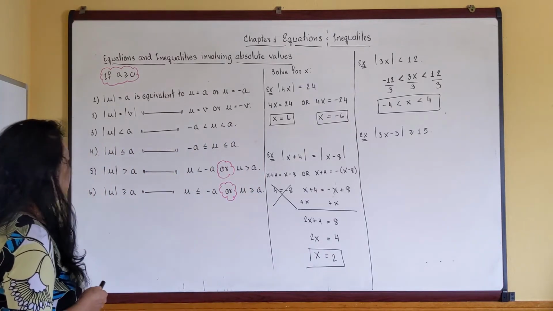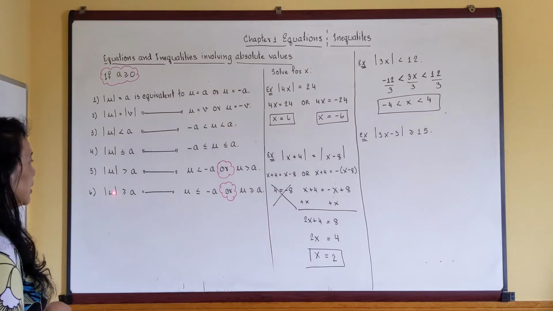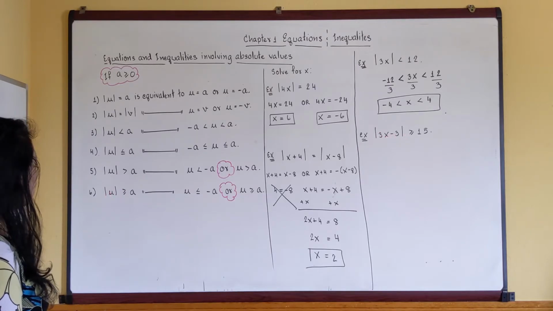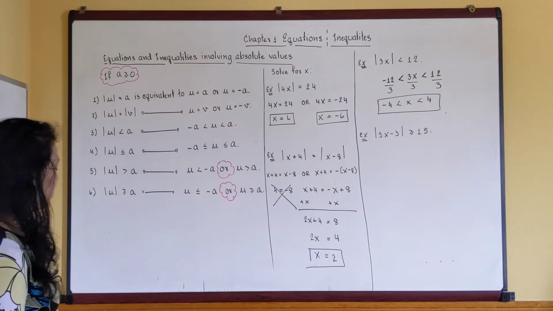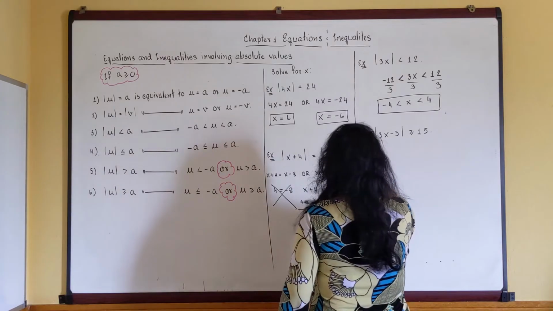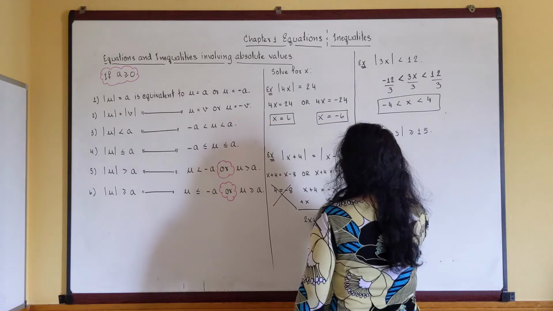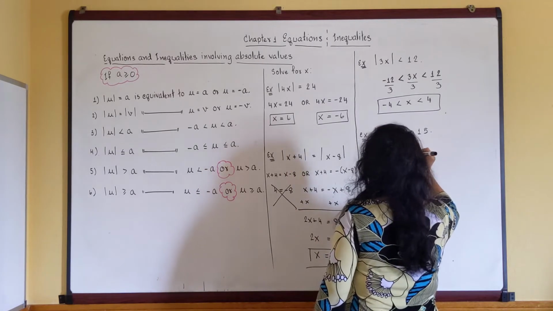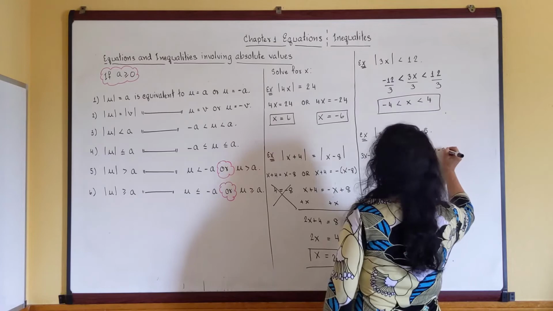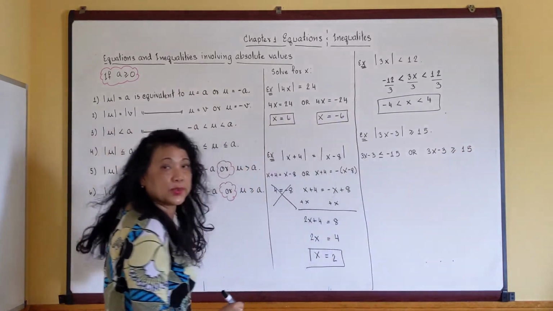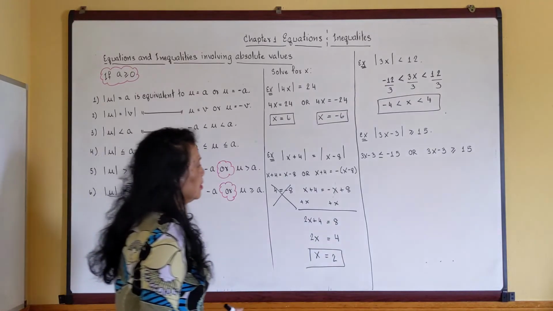Let's look at the last one. It looks like my property number 6. My u is 3x minus 3 and my a is 15. So I'm going to use number 6. So I'm going to have 3x minus 3 less than or equal to negative 15, or 3x minus 3 greater than or equal to 15. Let's solve this.